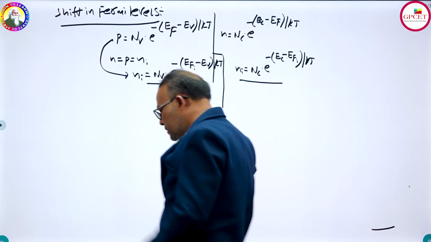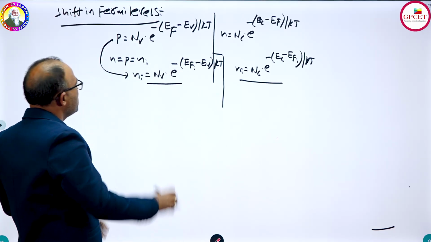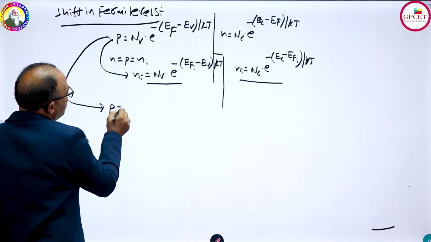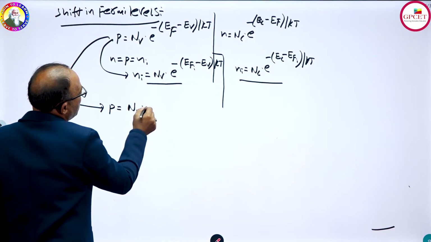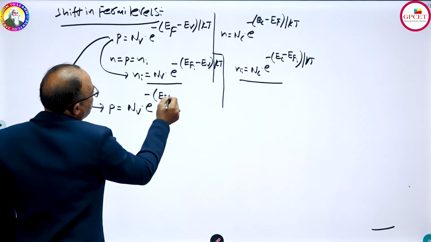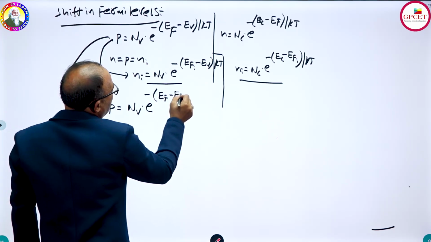Now let us go with the shift in Fermi levels. What is that shift in Fermi level? From this equation, we have P is equal to NV into e power minus of EF minus EV.